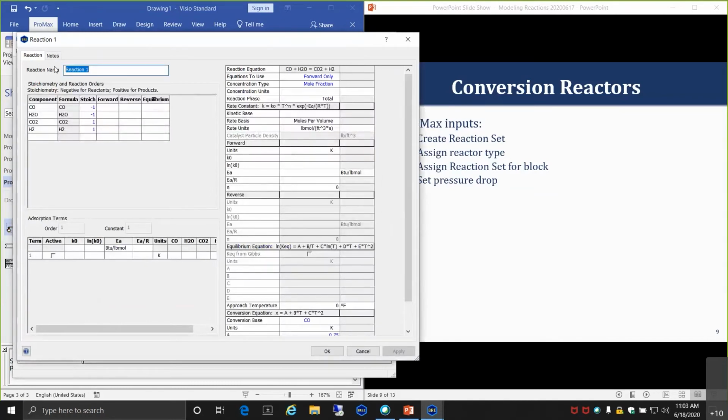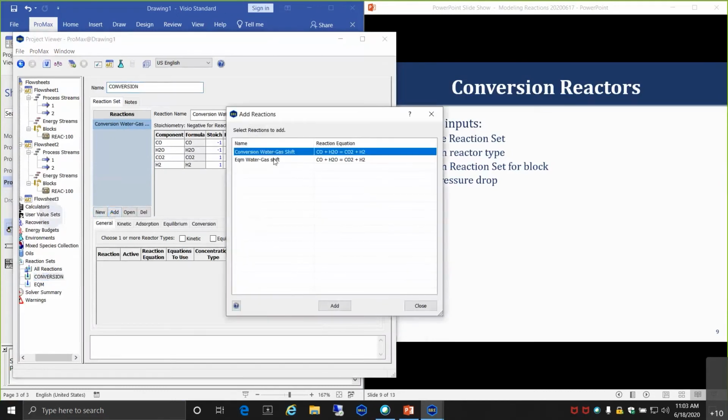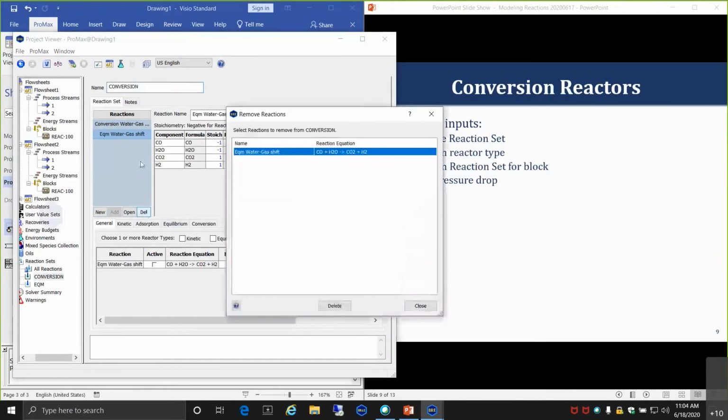This is my conversion water gas shift. And then here, you add the conversion water gas shift. You'll notice I could select and add the other one in as well if you wish. So you could have multiple reactions in a reaction set, and then you could select what you wanted to have modeled. In this particular case, I don't want this one in here, so we're going to remove it.